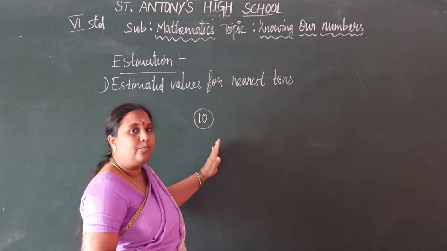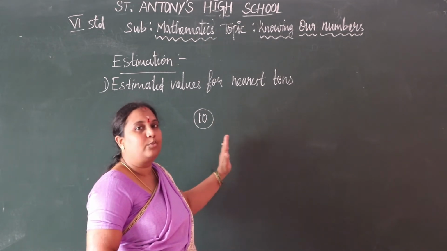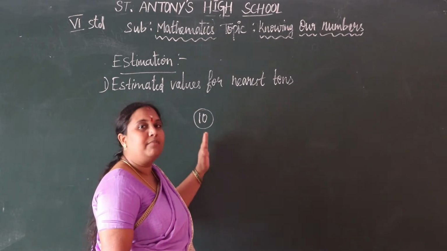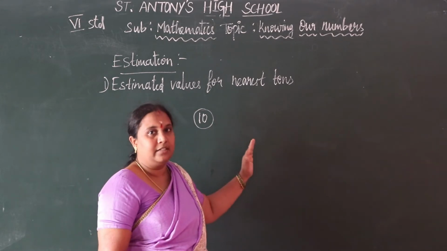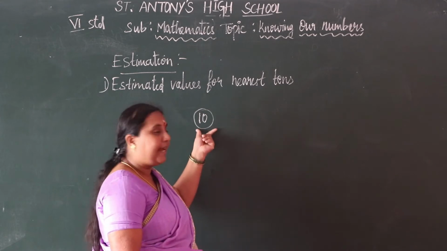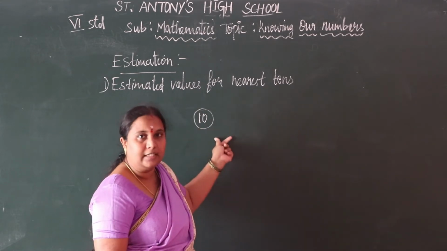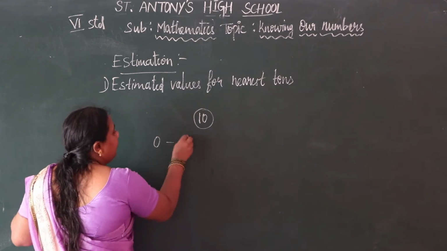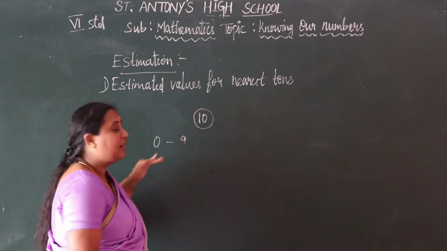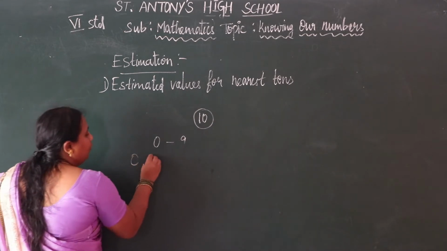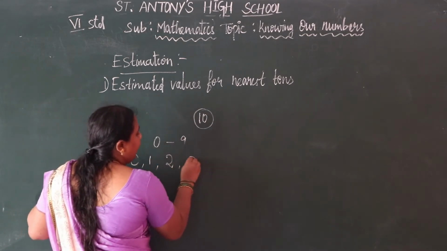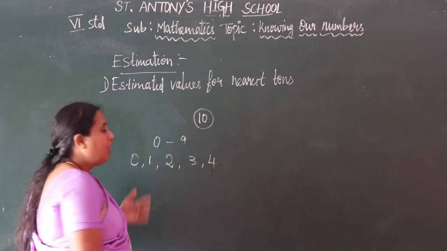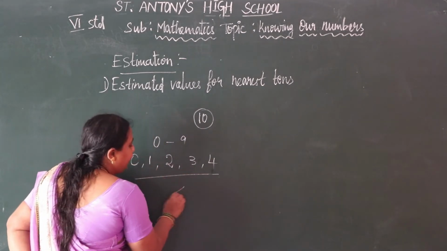So what is the rule here to round off to the nearest 10? Here we should take numbers from 0 to 9, the numbers before 10. So we take 0, 1, 2, 3 and 4. These numbers are all less than 5.